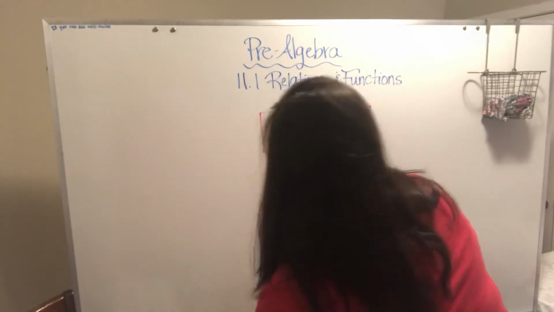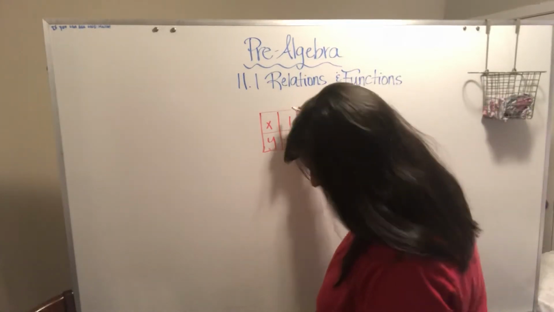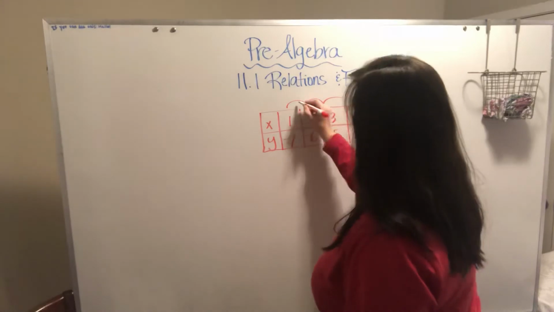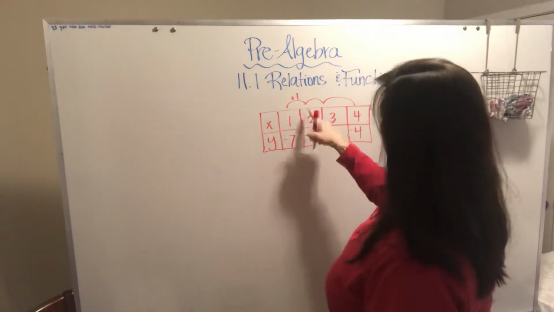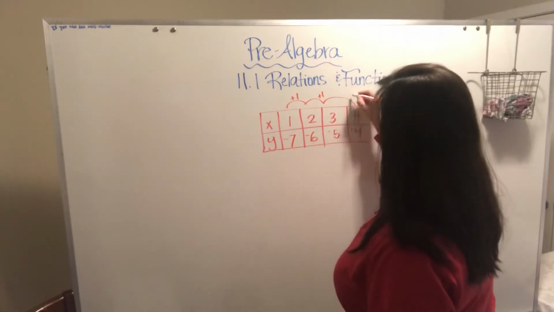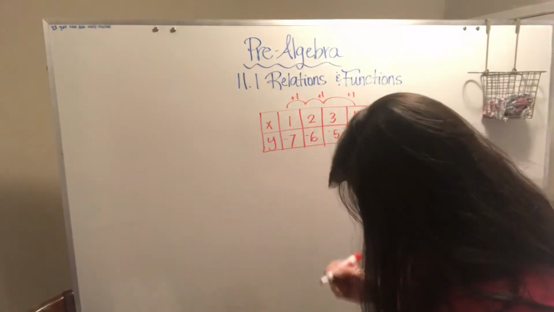Most of you can see a pattern here. What you want to notice first is that in this pattern, these all go up by 1. 1 to 2 is plus 1, 2 to 3 is plus 1, 3 to 4, you've got a plus 1. That's important.